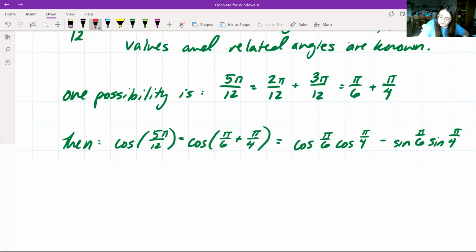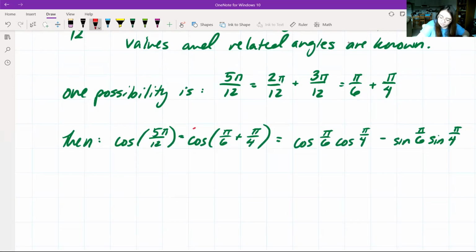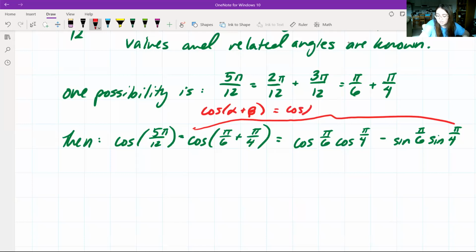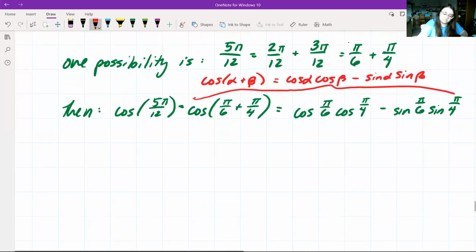So remember that our formula looks like cosine of alpha plus beta is equal to cosine of alpha times cosine of beta minus sine of alpha times sine of beta. So remember, that's what our formula is. So we're using our sum formula to rewrite this.